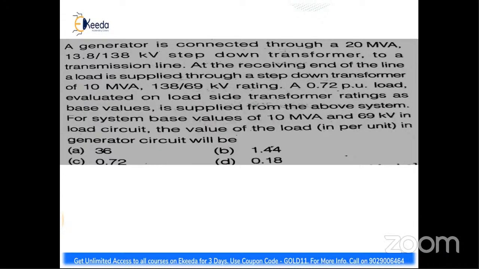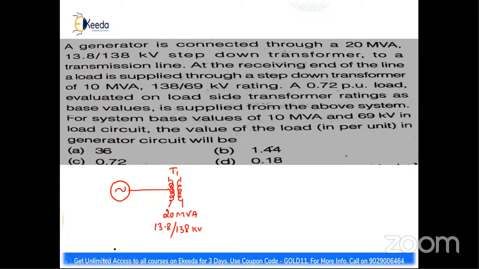let us draw here. It's telling that a generator is connected through a 20 MVA 13.8 by 138 kV step down transformer, right? So there is a generator, and the generator is connected to a step down transformer of 20 MVA, and its ratings are 13.8 by 138 kV.